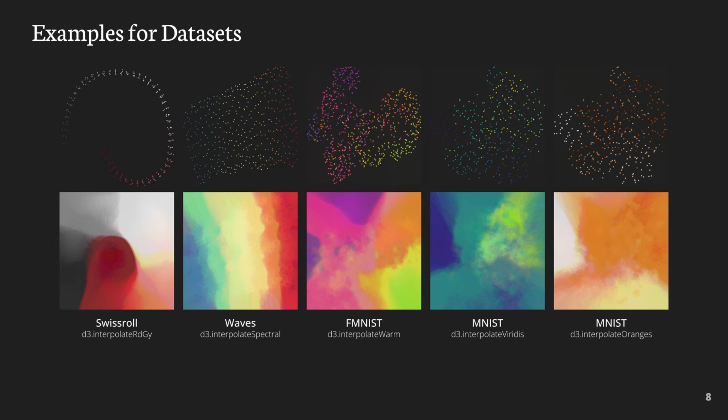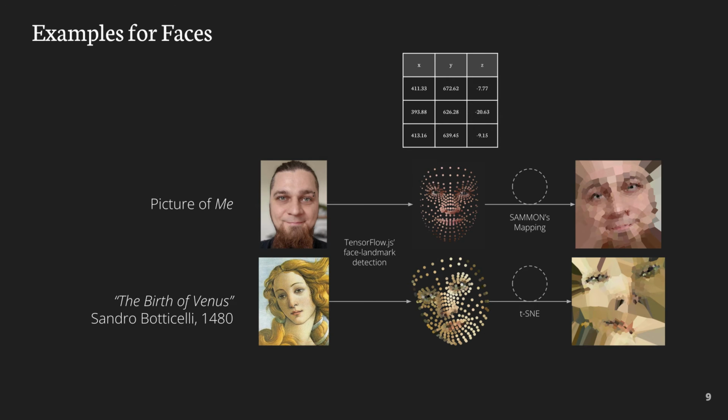The third image uses a subset of the fashion MNIST dataset, which has 768 dimensions and consists of little images of 10 different kinds of clothing items. And the last two images use a subset of the MNIST dataset, also with 768 dimensions, but with images of hand-drawn digits.